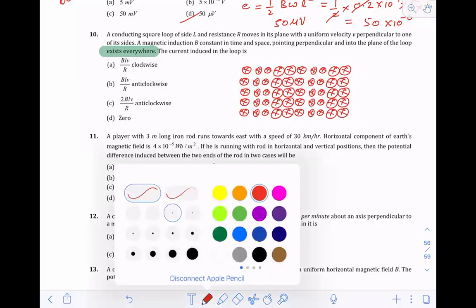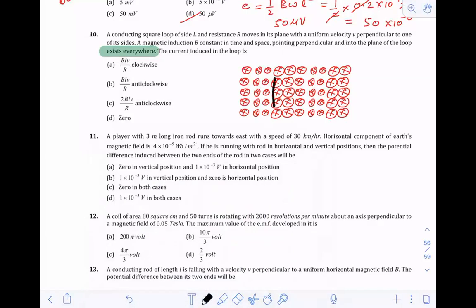Now I make a loop like this, and I take this loop inside this magnetic field. Anywhere I move, the flux is constant, almost the same flux is there.